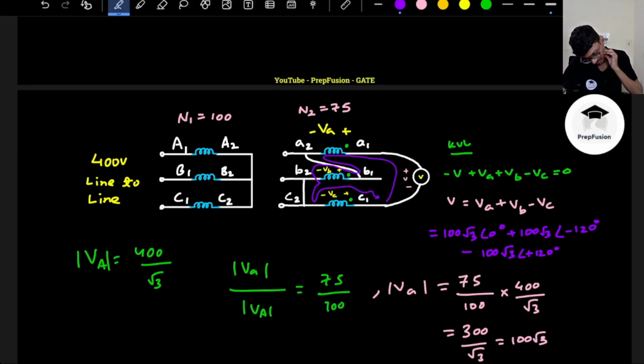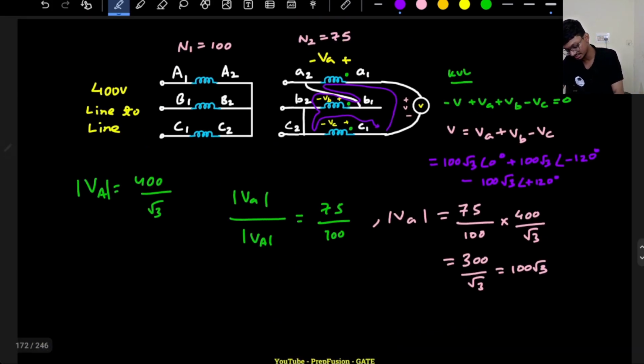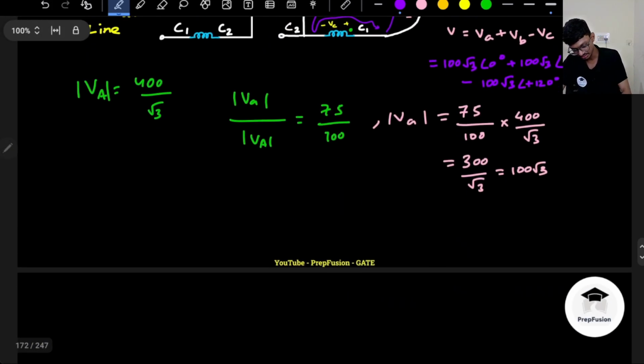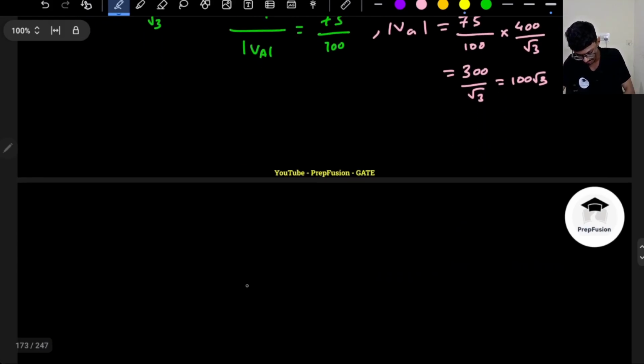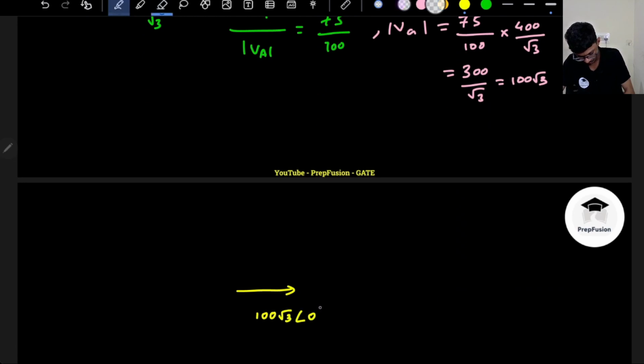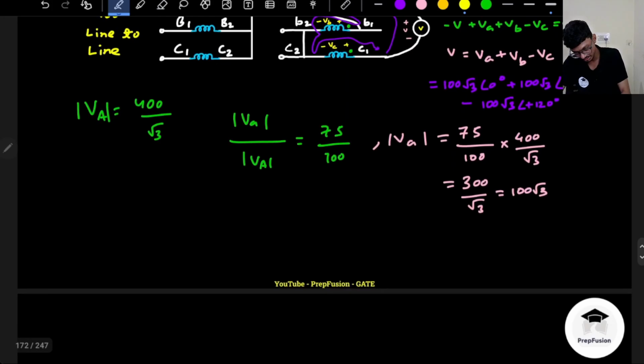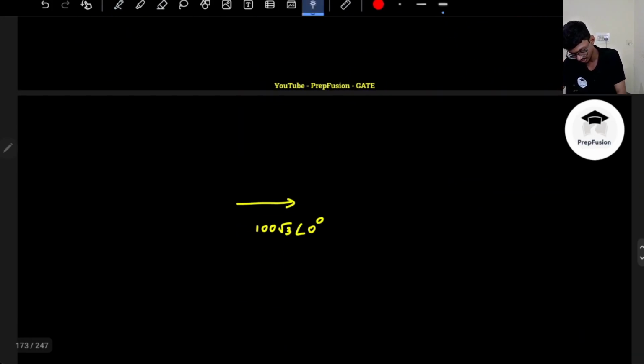So how do I identify this? I can apply the same thing again. I have three phasors. One is 100 root 3 at angle 0. Another one is at angle minus 120, in the clockwise direction.